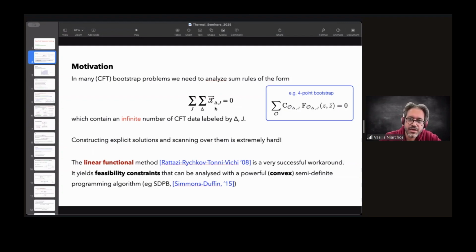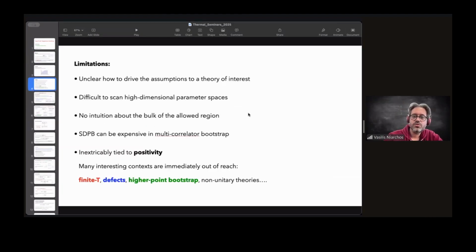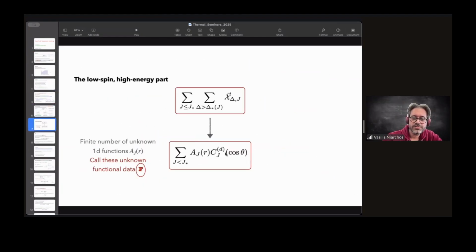This is how you select a finite number of sum rules out of this equation that typically depends on continuous parameters. Now I view the crossing vector as a function of the space-time coordinates.